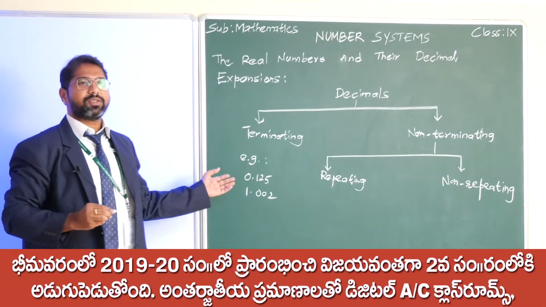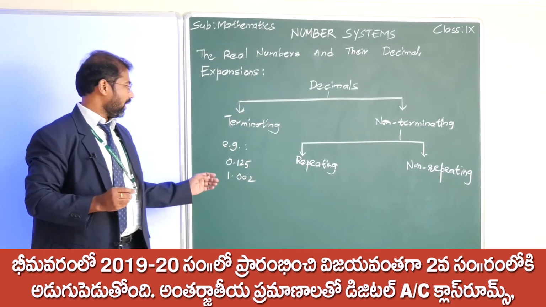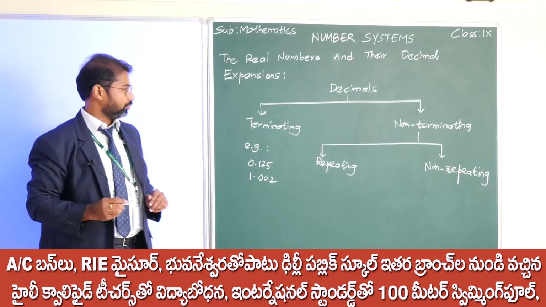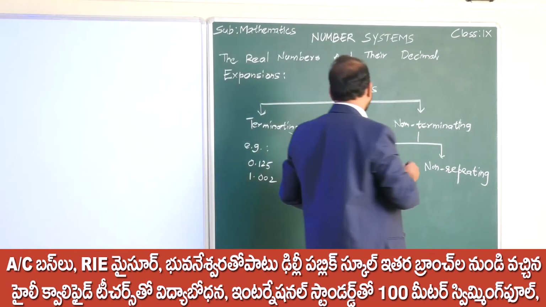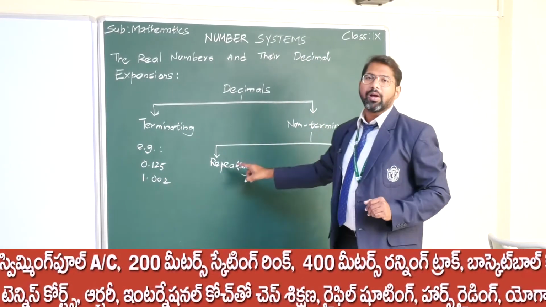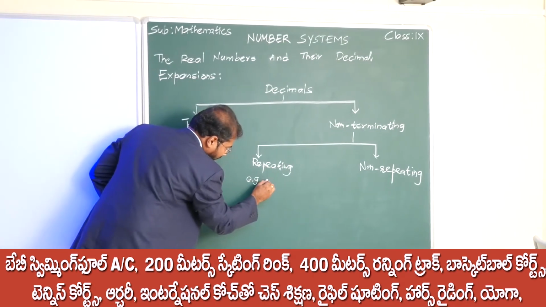So I have written two examples. One is 0.125 and the other one is 1.002. Now let us see a few examples of non-terminating repeating.